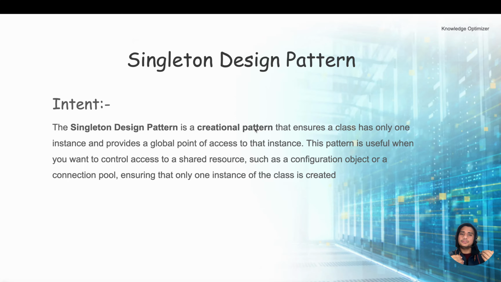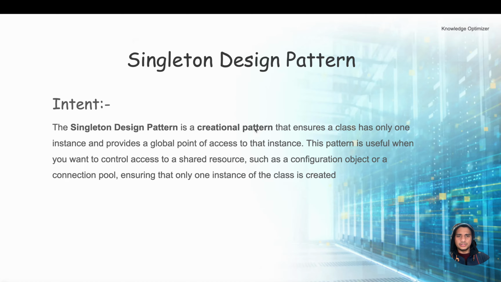If you don't use the singleton pattern there, you'll end up creating so many connections that your resources would be exhausted. In such cases we use the singleton pattern. If you work with any system, you'll see there are a thousand applications of the singleton pattern. It is very common.